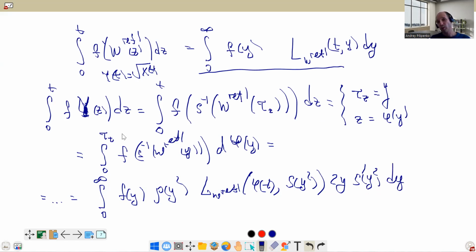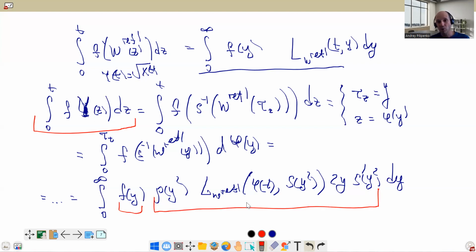So we see that this integral, if f is non-negative function, or if this integral makes sense, has the following representation: integral of f of y times something.